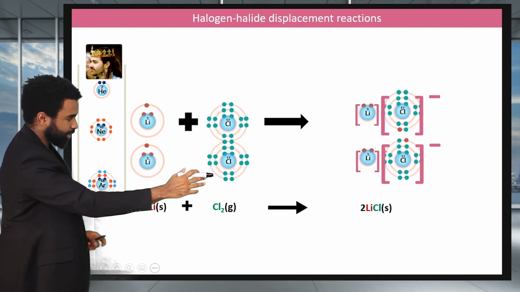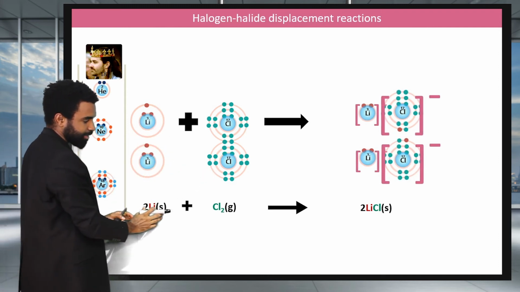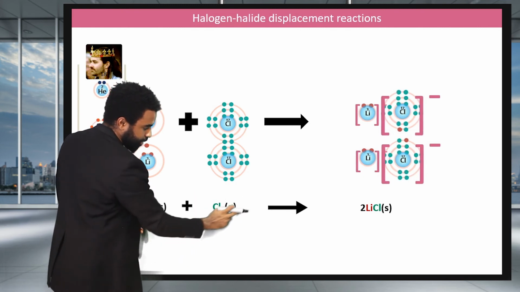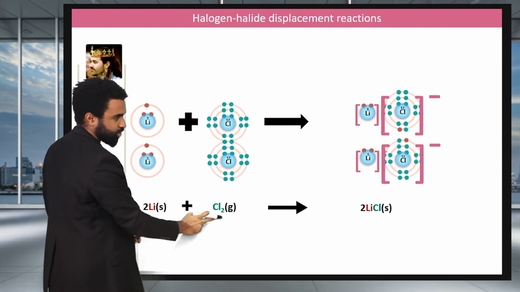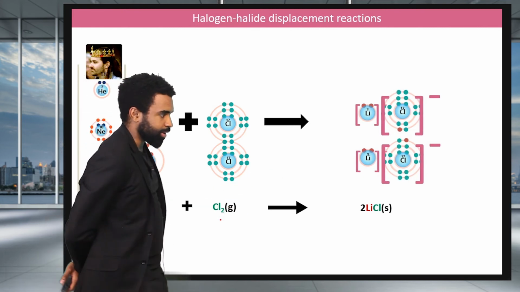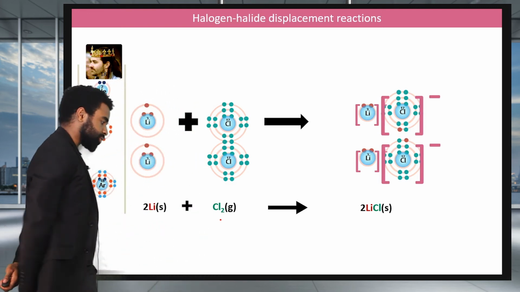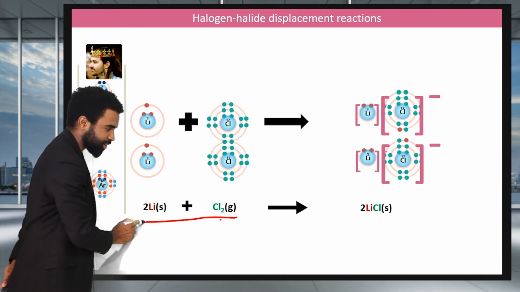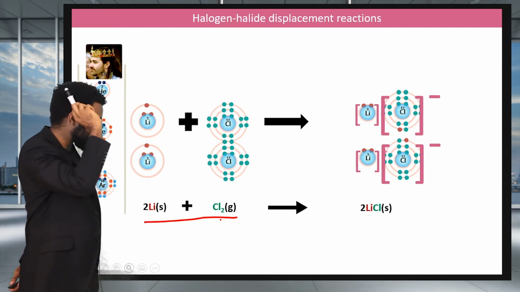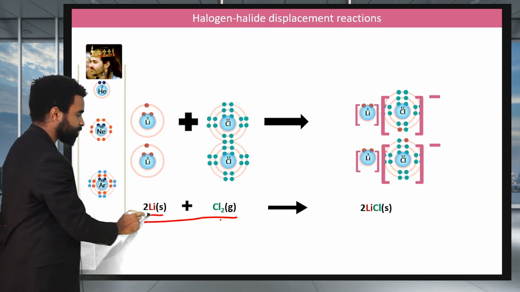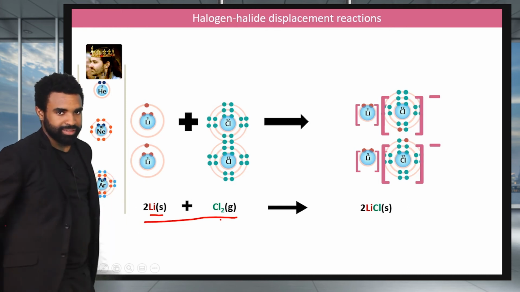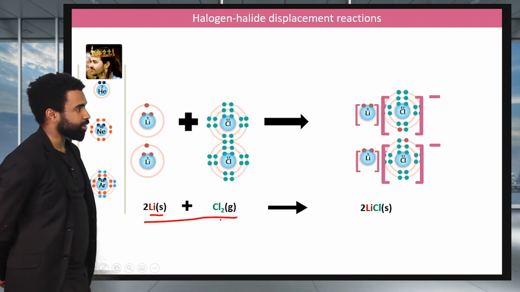So here's our final reaction. Then we have 2 lithium solid atoms, all right, plus a single chlorine molecule, gaseous, gives you 2 lithium chloride solid molecules. Okay, so hopefully now, after looking at these pictures, you should be able to write out the reaction of lithium with chlorine with the right state symbols and balancing and all of that.